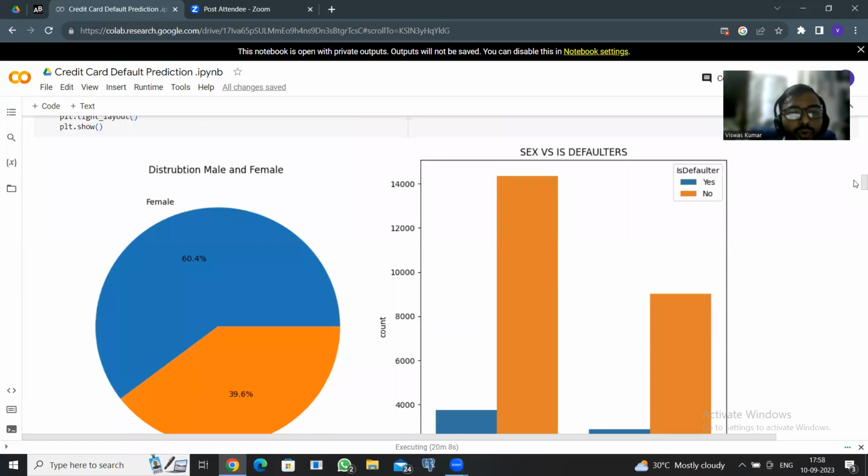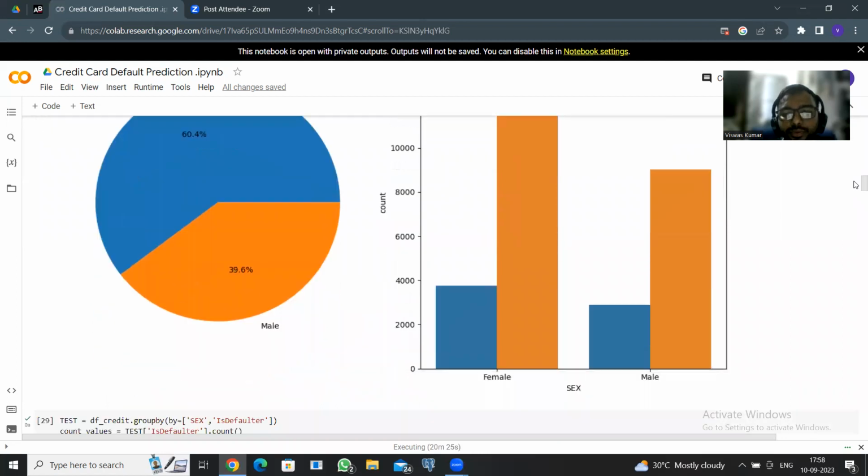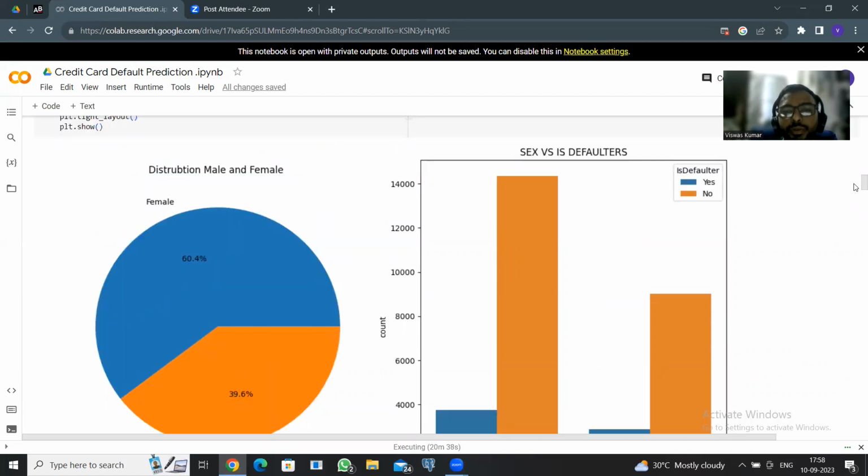We can see that most of the customers are female, about 60% of the data, and 40% are male.